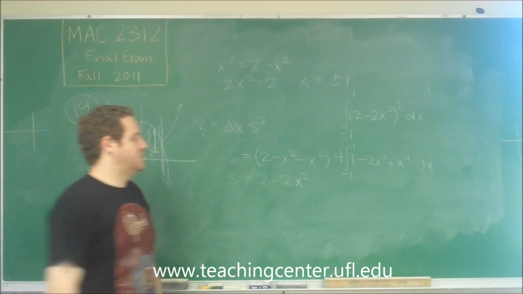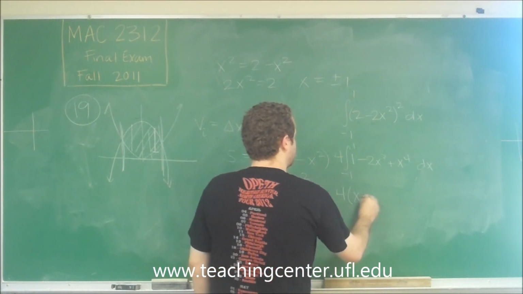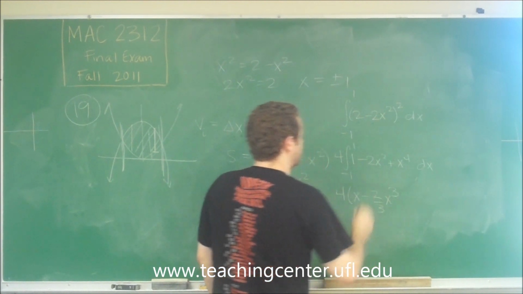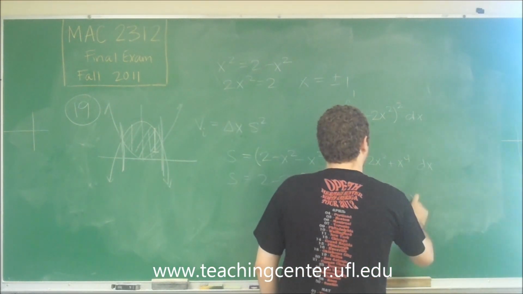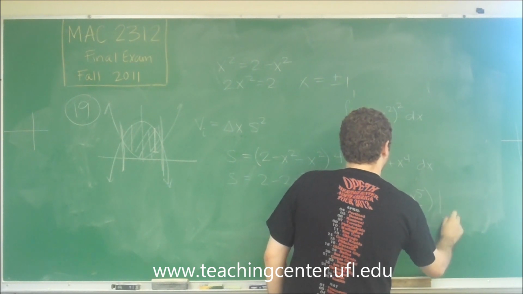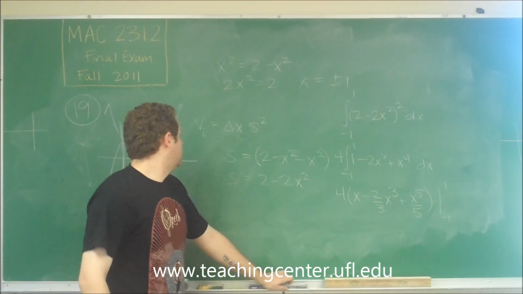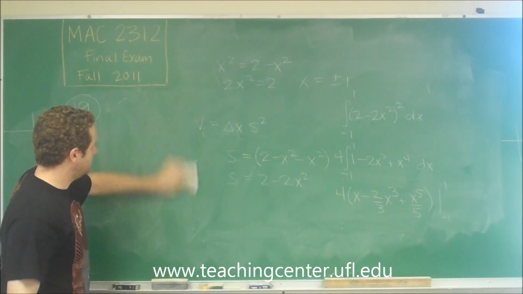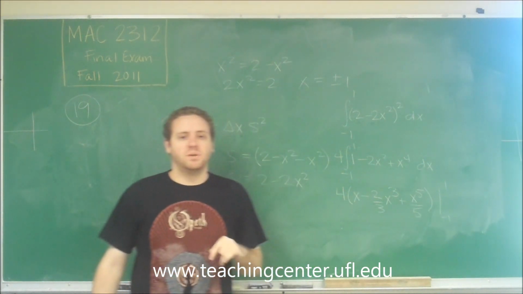So now we're ready to do the antiderivative. So we get x. This one would be minus 2/3 x to the 3rd. And the last one would be plus x to the 5th over 5. Now we're going from negative 1 to 1. So you can see here that none of these are going to be 0, so we're going to have to plug in everything.